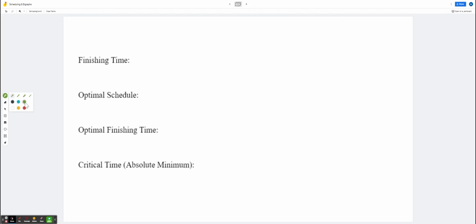So the finishing time is going to be the total duration of a project from start to finish. And we are going to use the notation FIN to represent the finishing time.